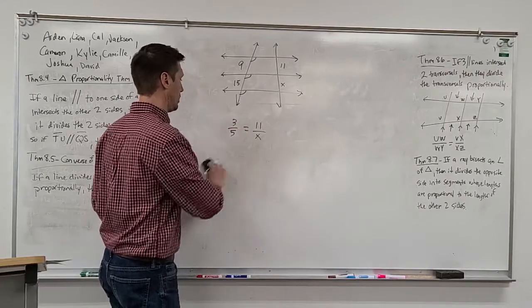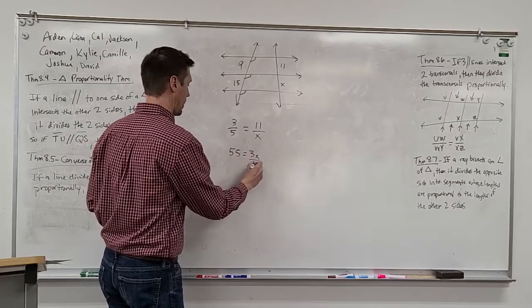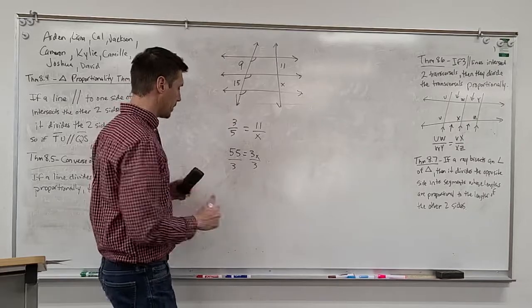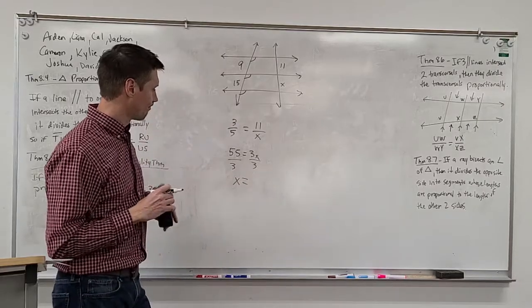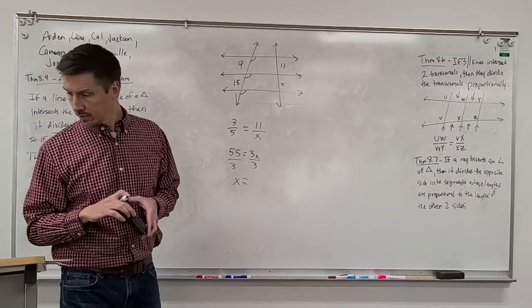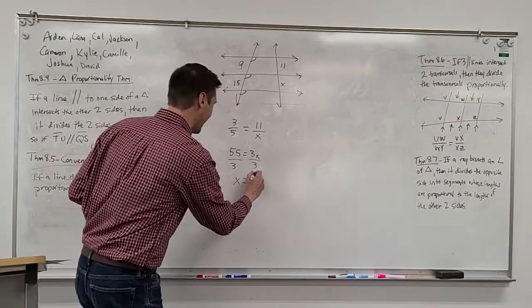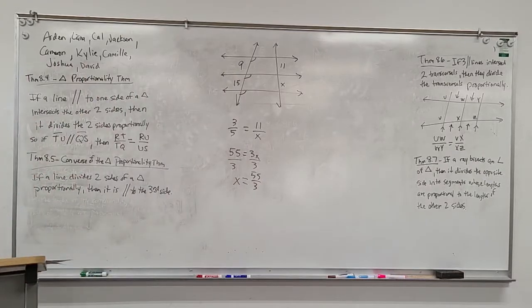So 55 equals 3x, and then divide by 3, and x equals 55 over 3. 55 is not divisible by 3, so that won't simplify. There you go. So that's how you find it.